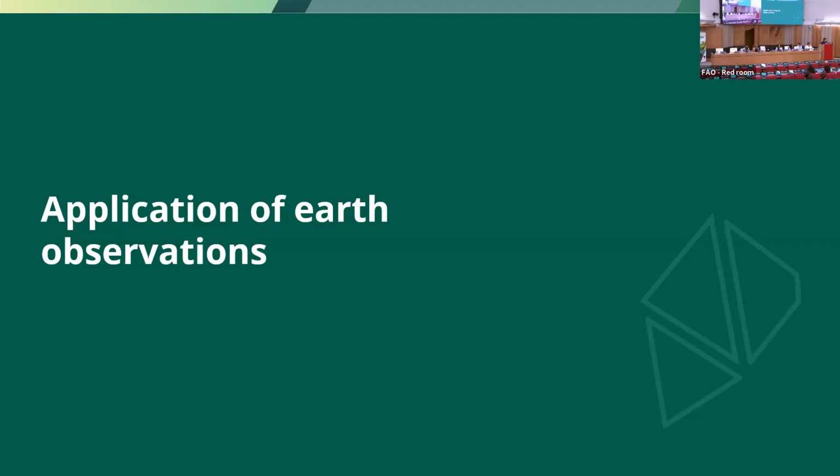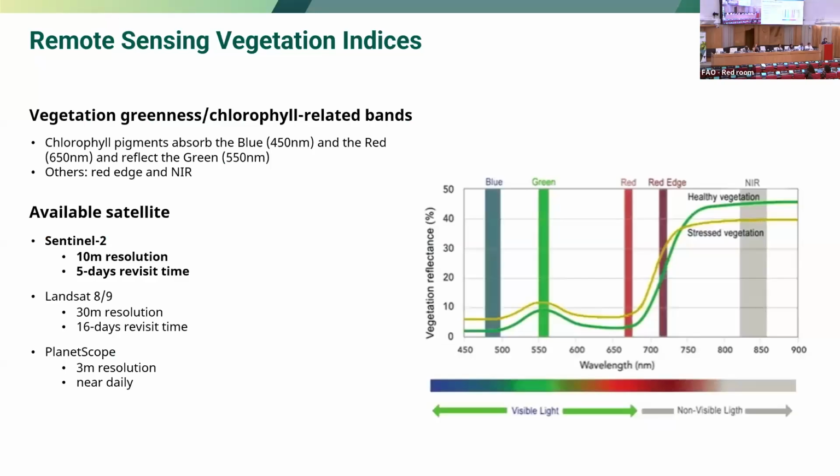So here, I'm going to briefly introduce how we apply Earth observations for both studies. For agriculture monitoring, there are several spectral bands that are sensitive to vegetation greenness and chlorophyll conditions. In general, chlorophyll absorbs red and blue light while reflecting green light. Beyond the visible spectrum, the red edge band and the near infrared, what we call the NIR band, are both sensitive to vegetation conditions.